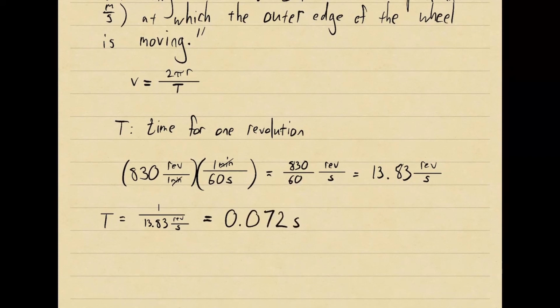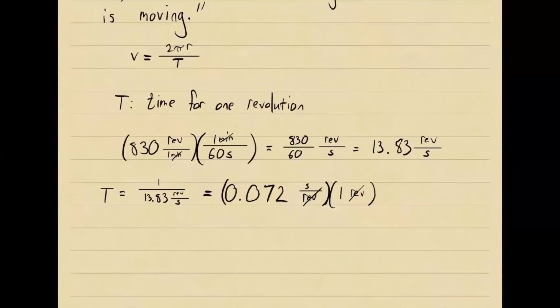I've already implicitly done the conversion, so this is really in units of seconds per revolution. But since T is defined as the period for one revolution, the time it takes to make one revolution, we're implicitly multiplying by one revolution. So that gets canceled out, and we're left with a period of 0.072 seconds.